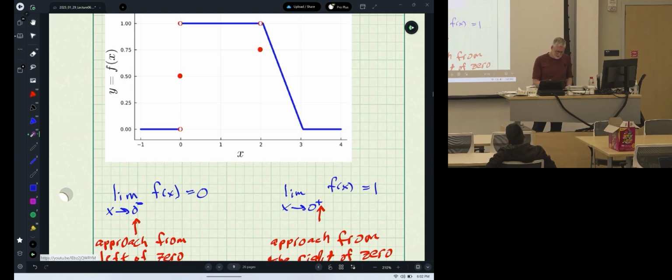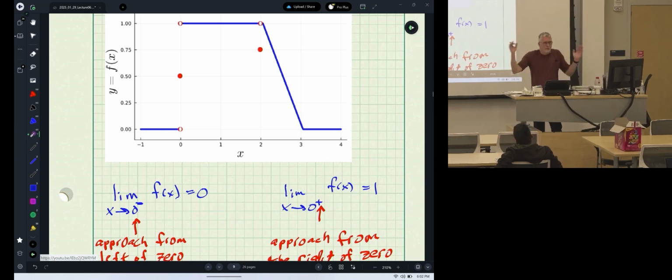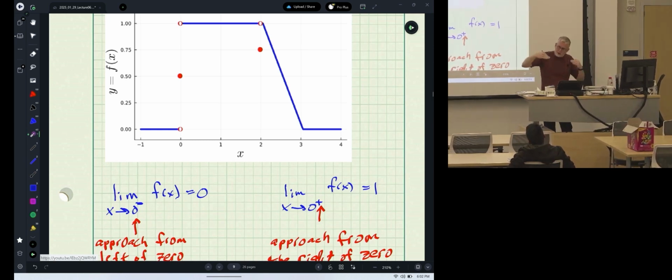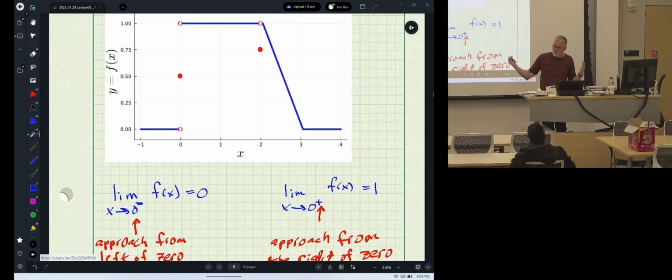Now, notice on these things, when we're approaching, we never evaluated the function at 0. We approach, but we never equal that point. So the function can have some strange behavior at that point, and that's why limits from the left and right allow you to focus on its asymptotic behavior as you approach from the two sides.